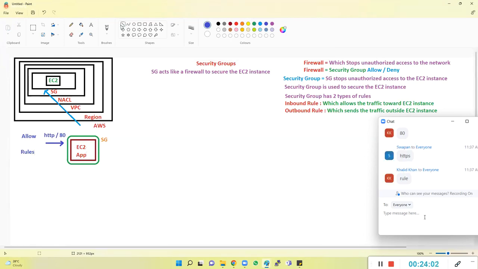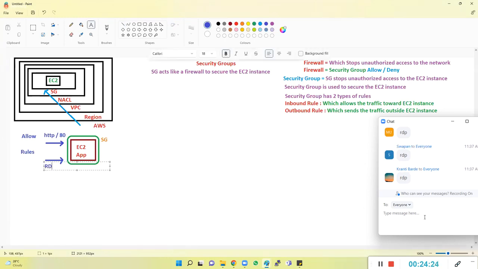Now I need to log into the EC2 instance, and that EC2 instance is a Windows EC2 instance. Can you tell me what protocol I need to allow in order to log into it? RDP, right? Yes.